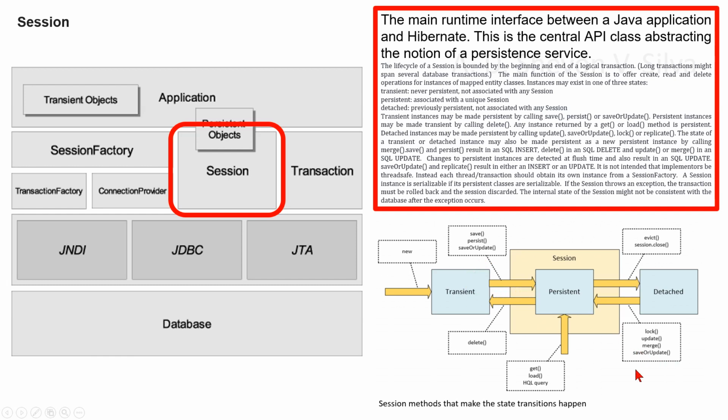Here you can see a new object is passed to transient, and transient interacts with persistent. Save, persist, and saveOrUpdate move objects from transient to persistent. Delete is from persistent to transient.